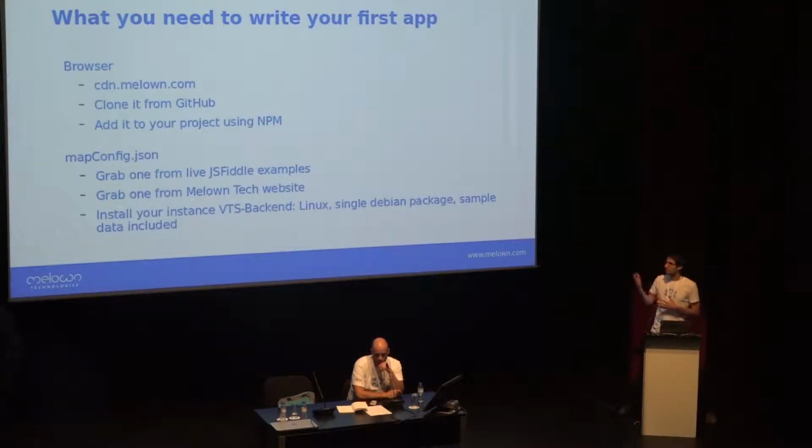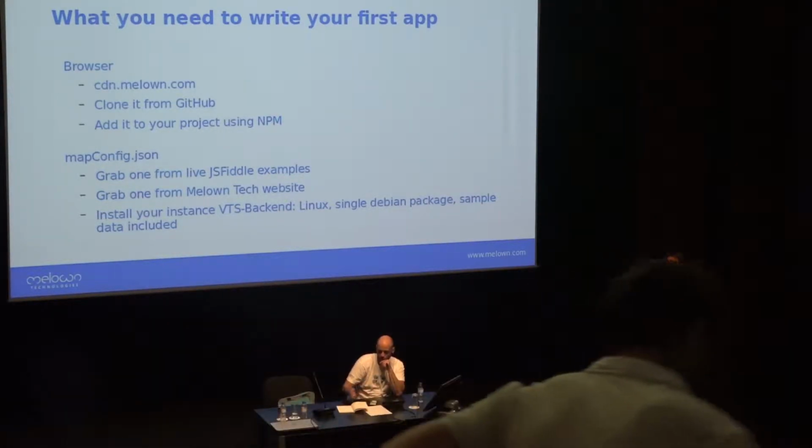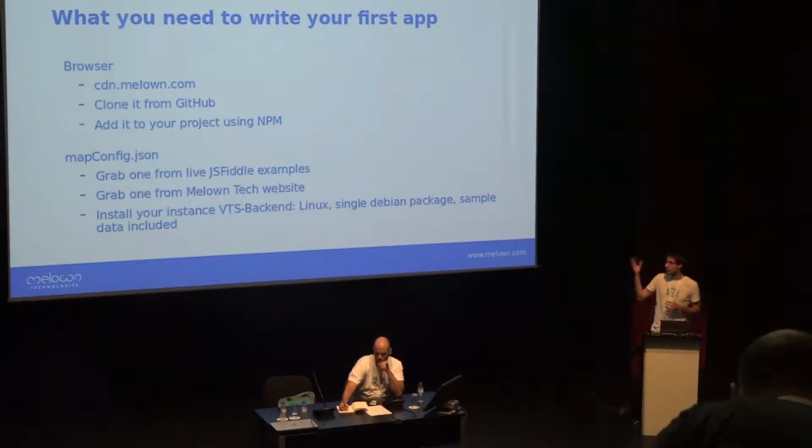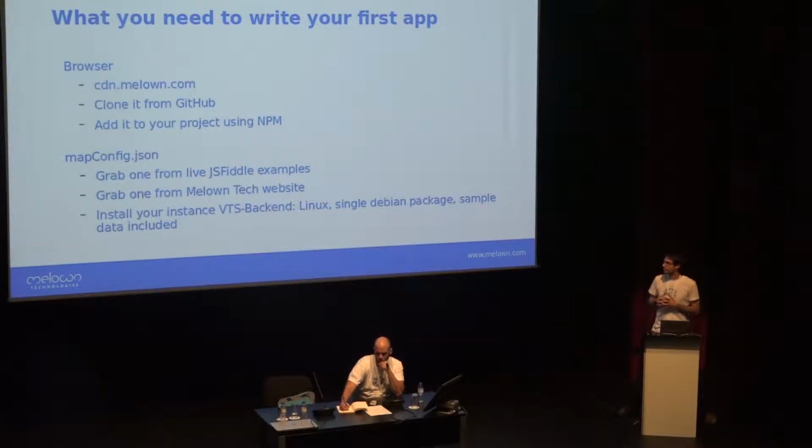Then we need the map configuration, the mapConfig.json, as I said, the file that contains the basic metadata. Here you can, again, go to our web or to JS examples that are on GitHub in the browser section. Or you can install your full-fledged VTS backend instance using a single Debian package, as you've seen in the previous talk, and run it all on your own.